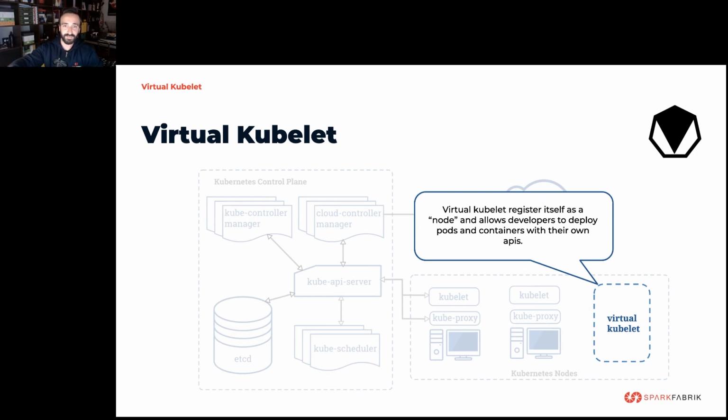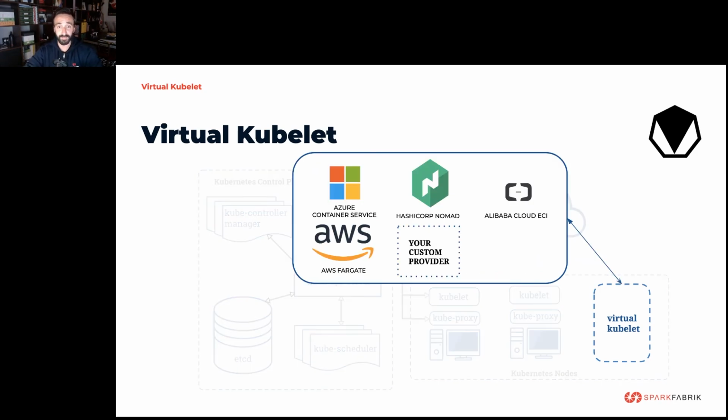This one just registers itself as a node, but on the underlying APIs, it's using external services like Azure Container Instances, for example, like AWS Fargate, Alibaba Cloud ECI, or HashiCorp Nomad, or you can implement your own custom provider.